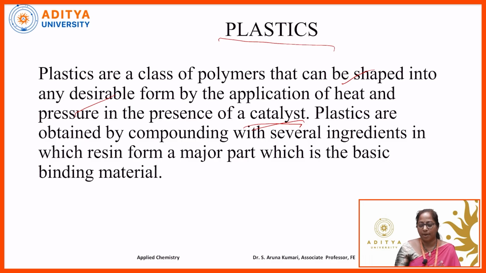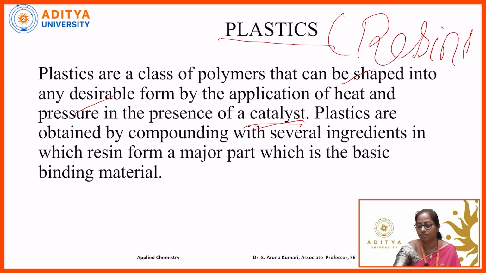Plastics are obtained by compounding with several ingredients in which resin forms a major part, which is the basic binding material. That is the reason why plastics are known as resins. So, resin is the other name given for plastics.